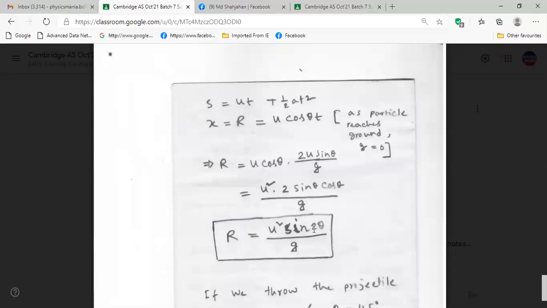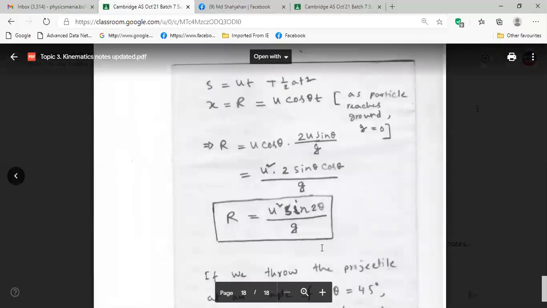Do you remember this formula of trigonometry? 2 sin theta cos theta equals sin 2 theta. Okay, we shifted this 2 sin theta cos theta to sin 2 theta by using the trigonometric formula. Is it clear? Now what came? R equals u square sin 2 theta by g.